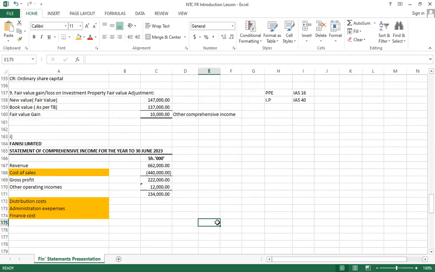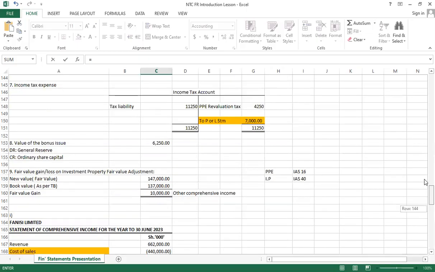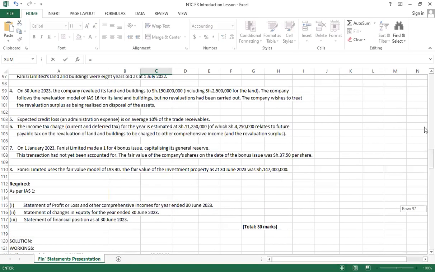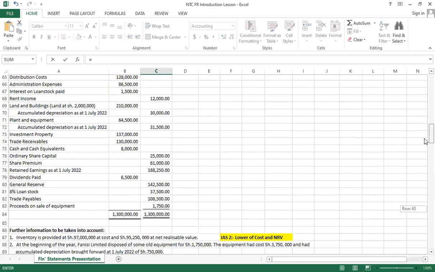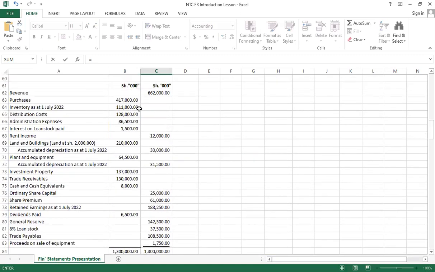Now the 4 categories. Let's look at the distribution cost first. I'll go back to the trial balance again. So I say equal to the distribution cost, which is the 4th item in the trial balance, that 128. Then check the workings.